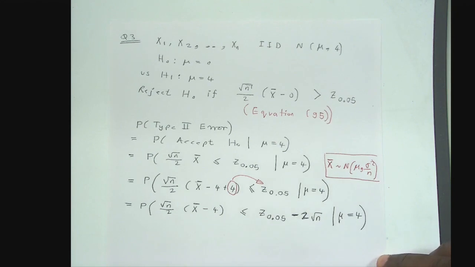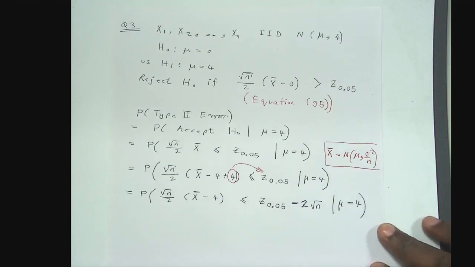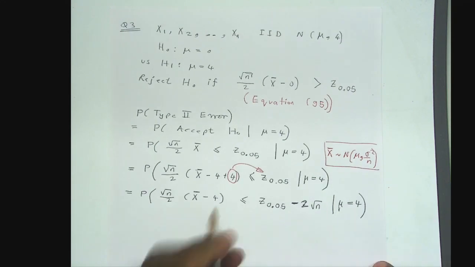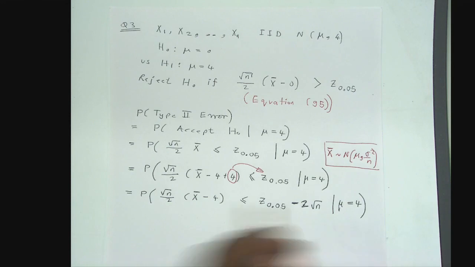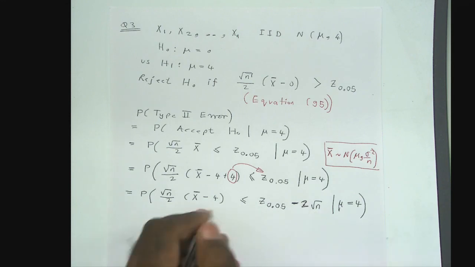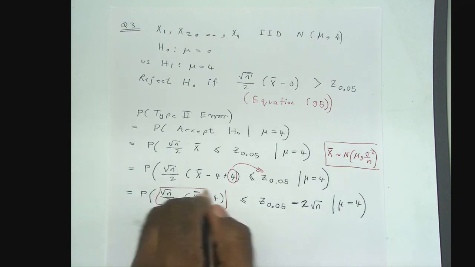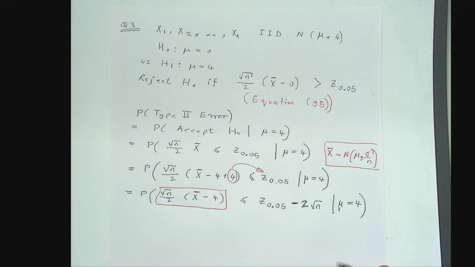Now let me ask you guys. Now condition on the fact that the true population mean is equal to 4. This guy here will have what distribution? The standard normal distribution, right? Okay.